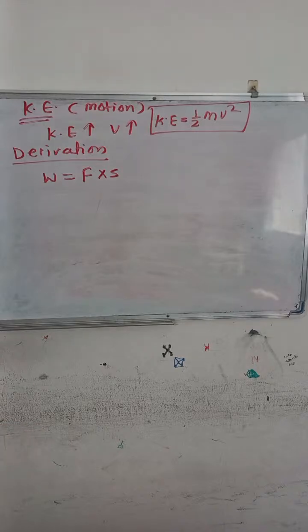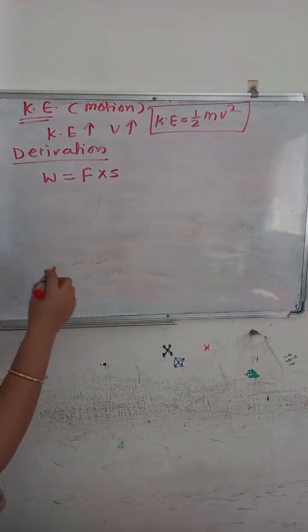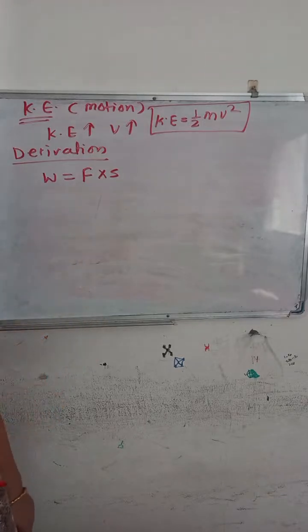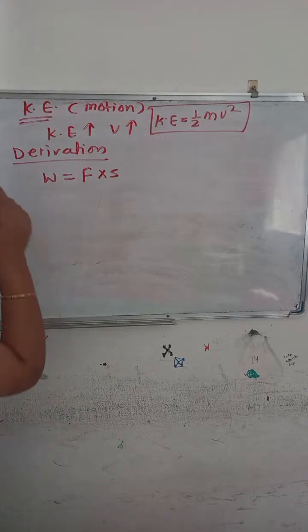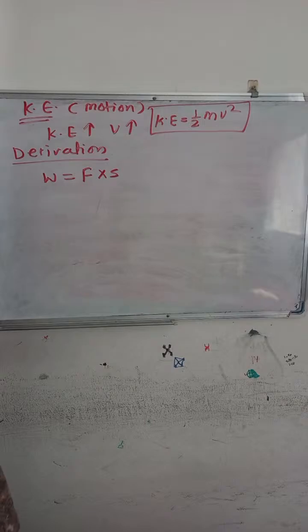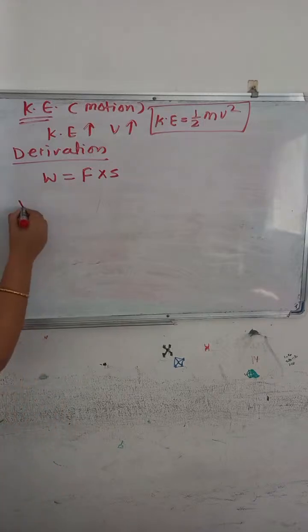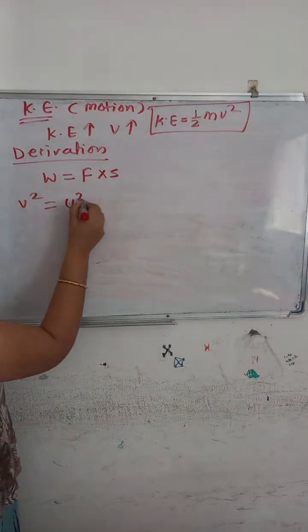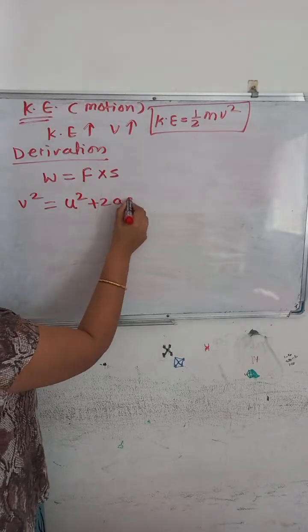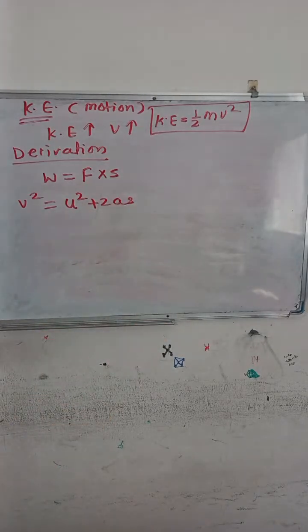Now that the body is in motion, we can use the kinematics equations. The initial velocity of the body is u, the final velocity of the body is v, S is the displacement and a is the acceleration of that body. So we can use this equation: v square is equal to u square plus 2as.